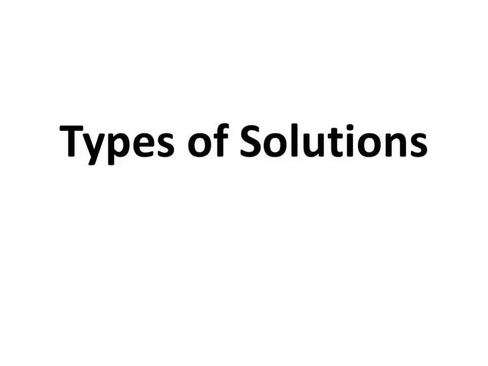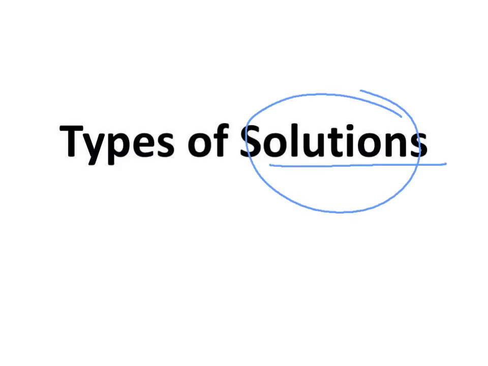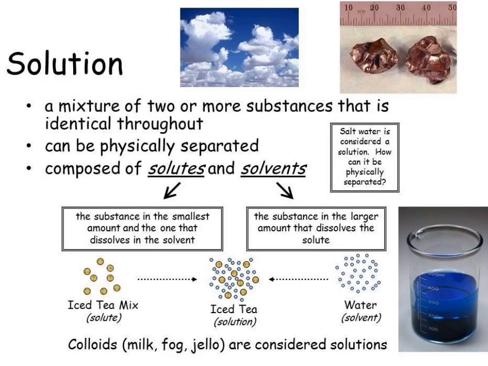What is a solution? Most of the materials that are used to regulate life processes are in the form of solutions. The air we breathe and the water we drink are all forms of what we call solutions.